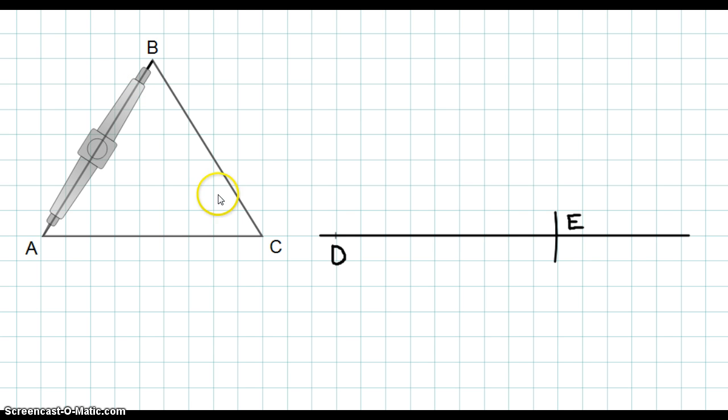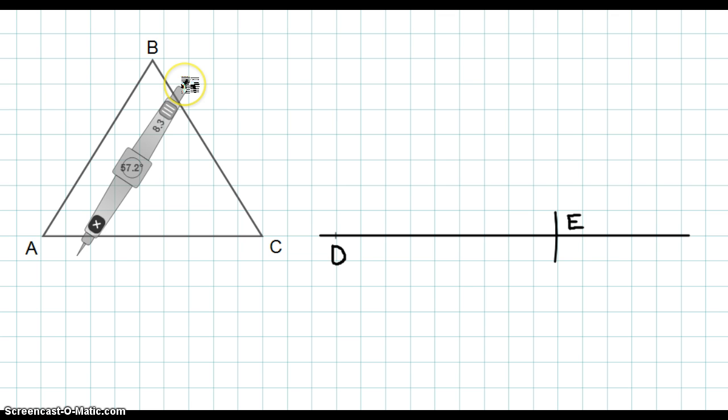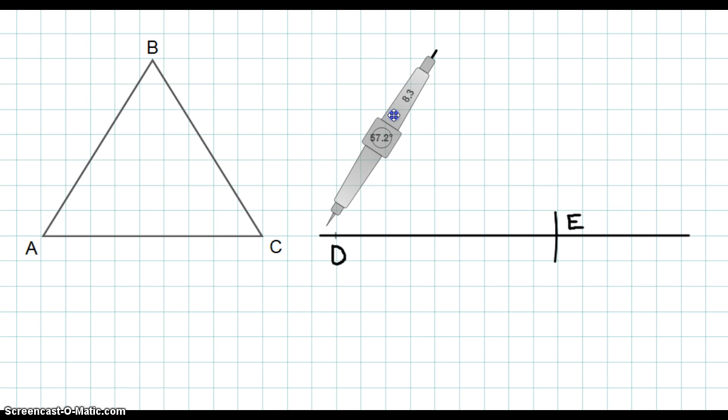So now the distance between the tip of the needle and the tip of the pen should be the same as line AB. Then I move my compass back over here, place the tip of the needle at point D, and make a mark using the compass.